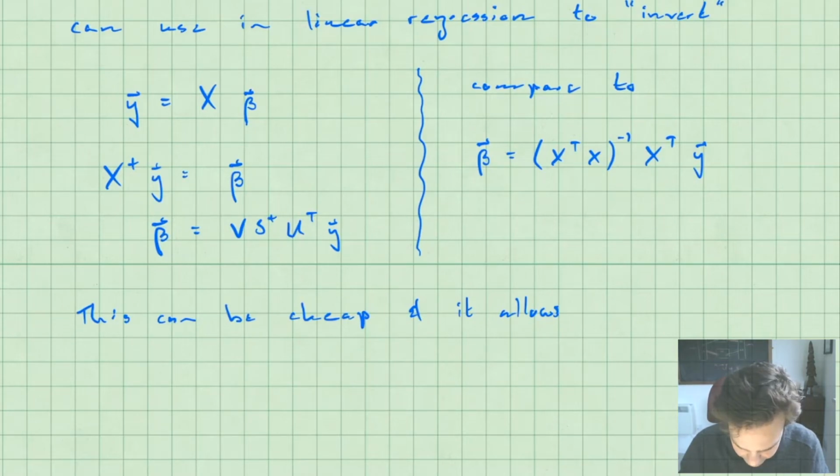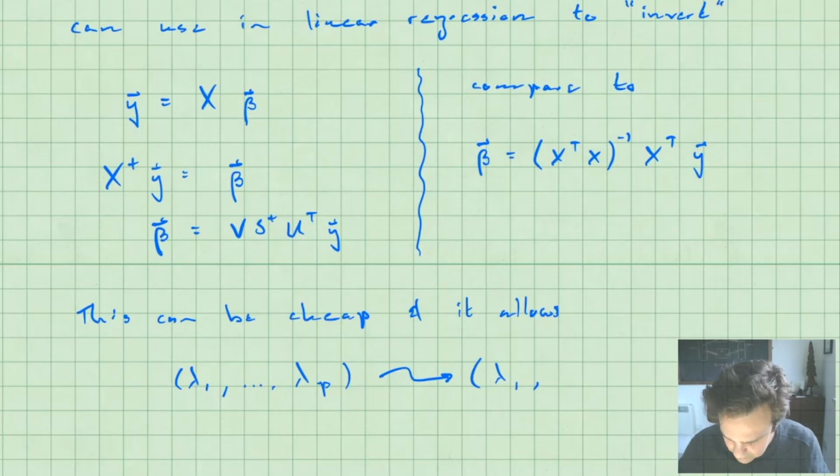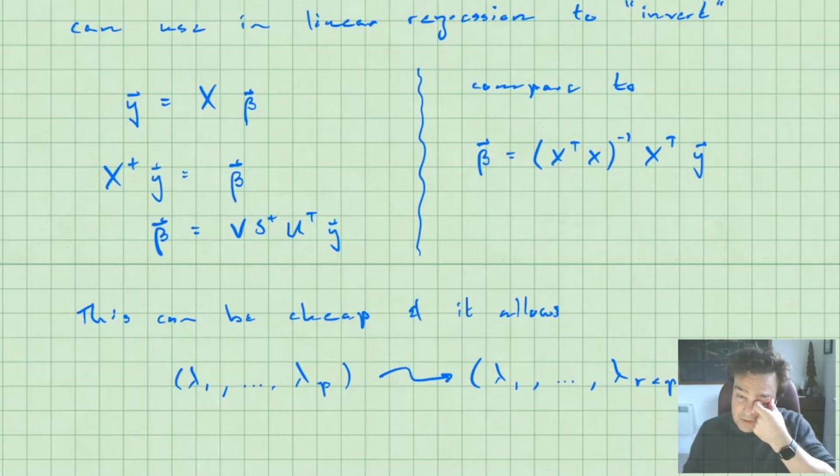You say, oh, I had these eigenvalues, a collection of P of them normally. And then I just shrink it, like that. So I drop a bunch of them so that I keep things manageable.